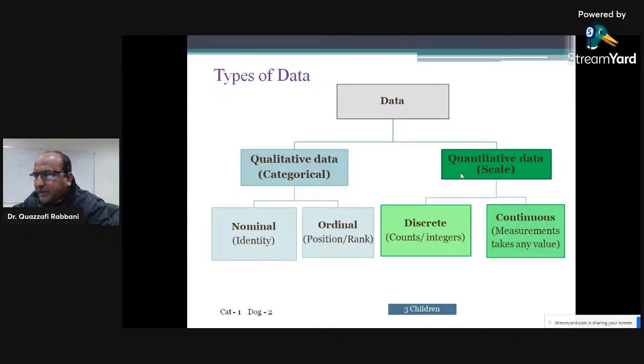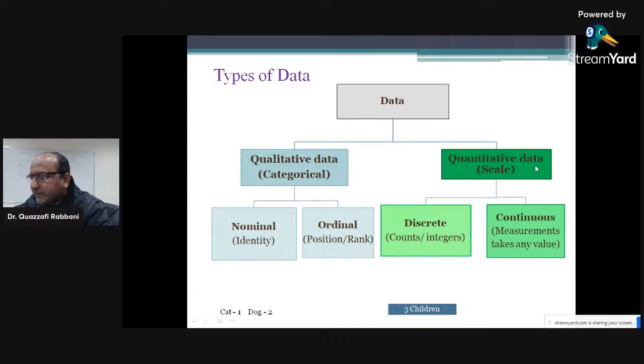Now the next is the types of data. We have already discussed what data is. Data is the collection of information, and this information may be qualitative or quantitative. So data can be divided into two parts. First is qualitative data, also called categorical data.